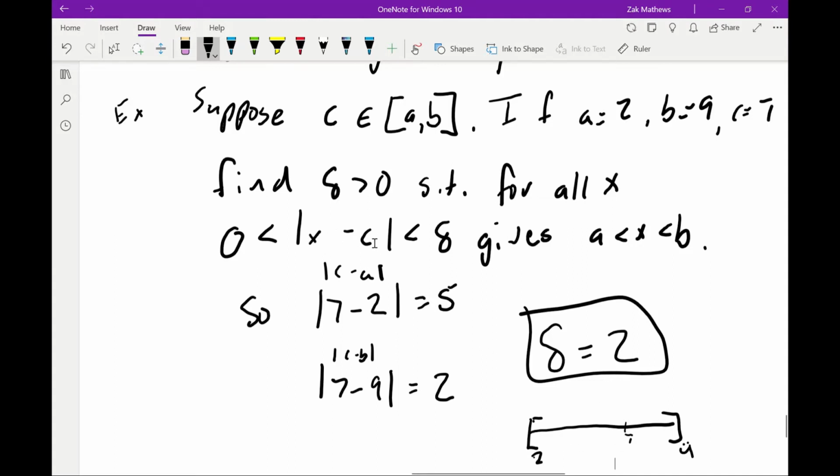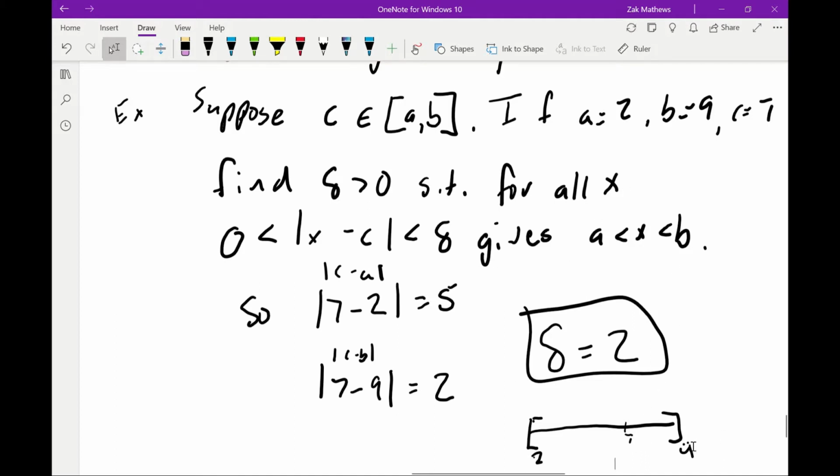As long as I'm never moving from C by more than this number, I will always stay between A and B. So from 2 to 7, there's 5 units of possible movement. If I were to start at my 7, start at my C, and subtract 5 from it, I'd get down to 2. I'd stay inside the interval, 2 to 9. But if I were to start at that 7, at the C, and then add 5 to it, I would have gone up to 12. I would have been outside the interval.